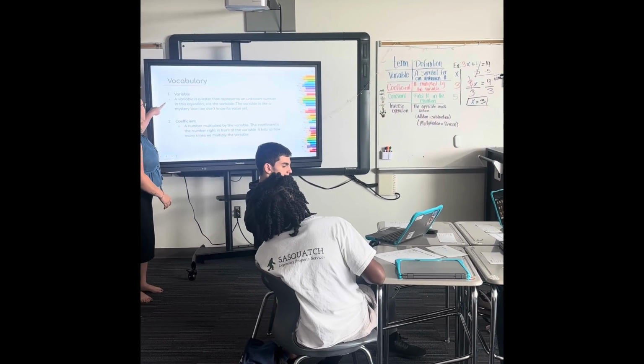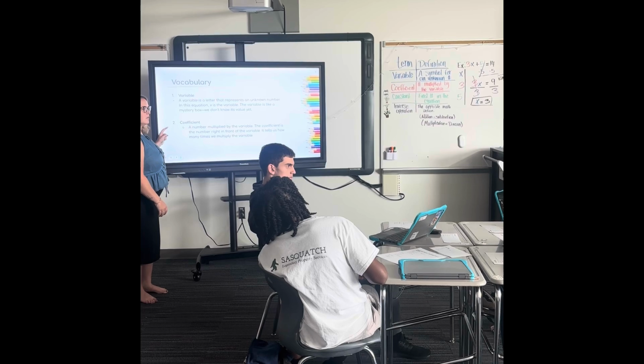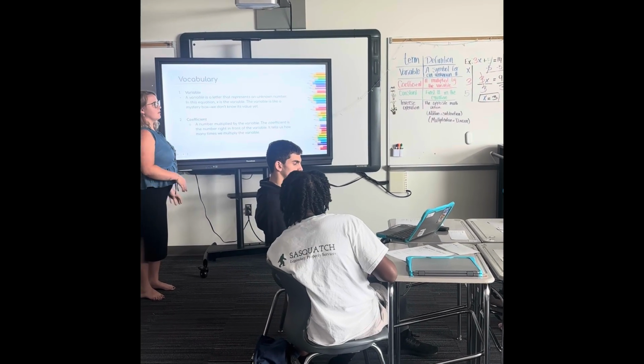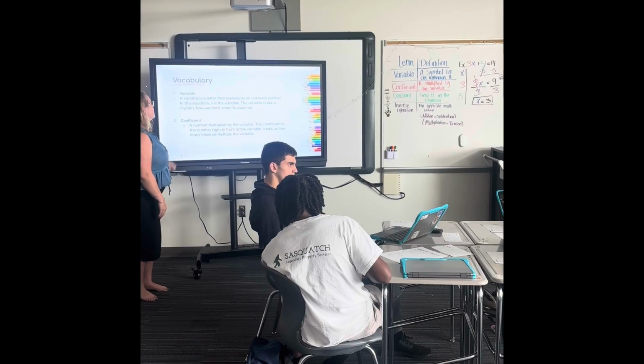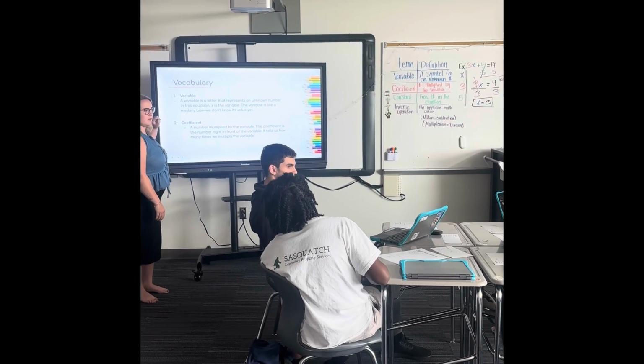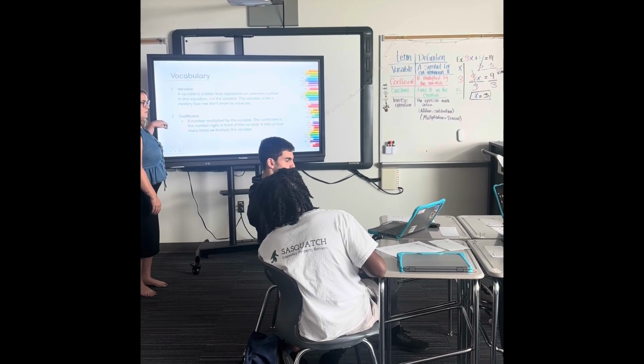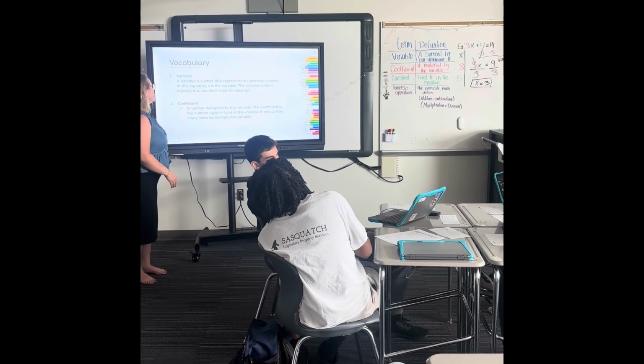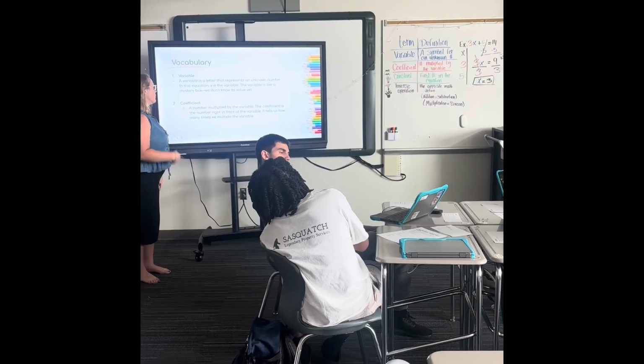Okay, that's good. In this equation, x is the variable. Okay, so the example up on this board, example 3x plus 5 equals 14. The variable is what? The x. The x is the variable. Yes. Okay. So the variable is like a mystery box. We don't know what it is, but we'll figure it out, right?